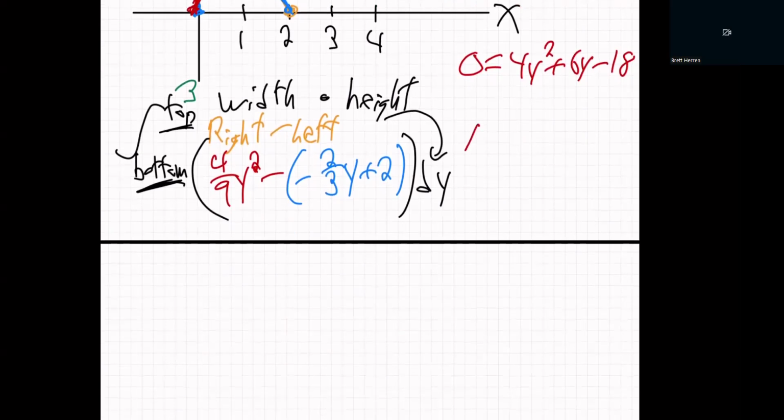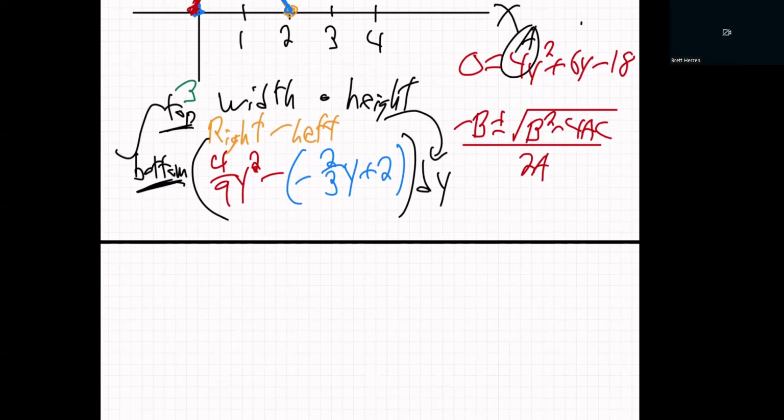So the quadratic formula, it's going to be y, as you know, the quadratic formula: negative b plus or minus the square root of b squared minus 4ac all over 2a. So this is a, b, c.